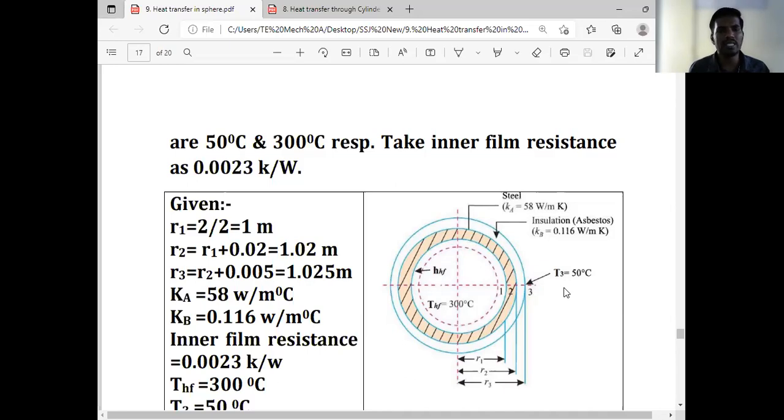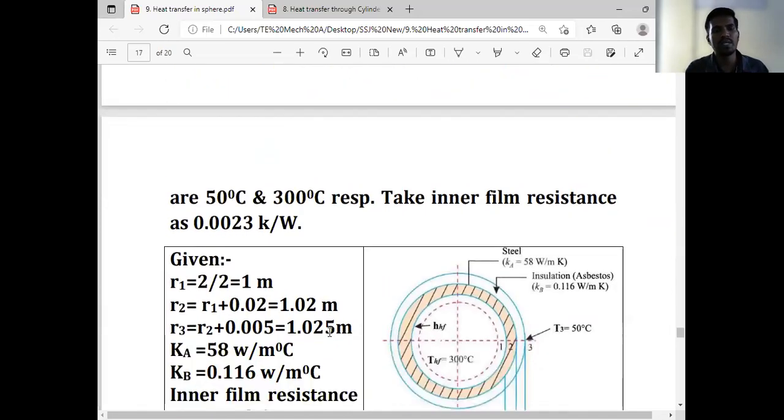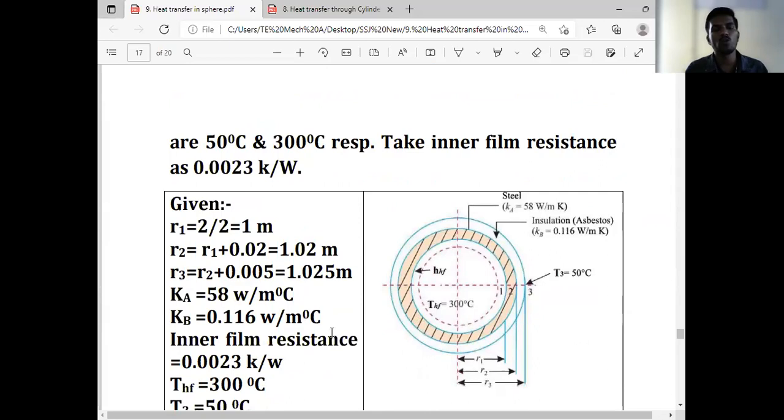So diameter is 2 meter, therefore radius is equal to 1 meter.